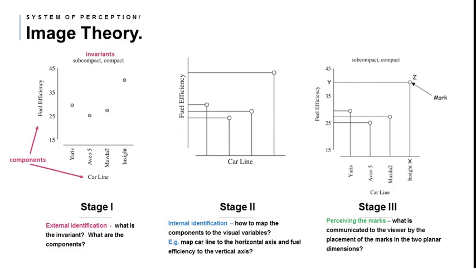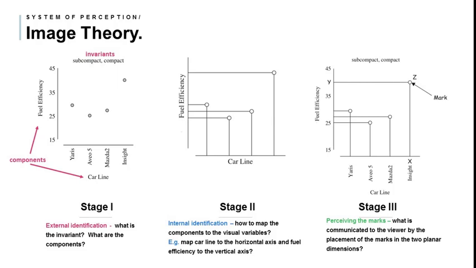The final stage, stage 3, is about how we understand the marks. These marks could be points, lines, or areas. In this case, we've got points. So how we perceive the marks that represent the information, and what's communicated to us based on how these marks are placed across the 2 planar dimensions, is the concern of stage 3.